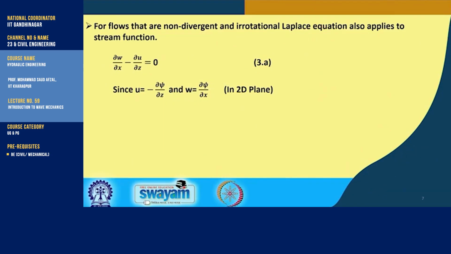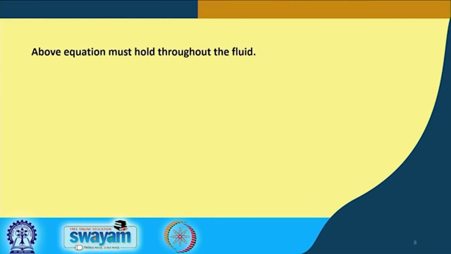Okay. So repeating that, this gives us the Laplace equation in 2D, which is given by equation number 3b. Now the above equation, if you remember the boundary condition analysis, we said that the differential equation that we have formed should be valid in the entire domain of the fluid.